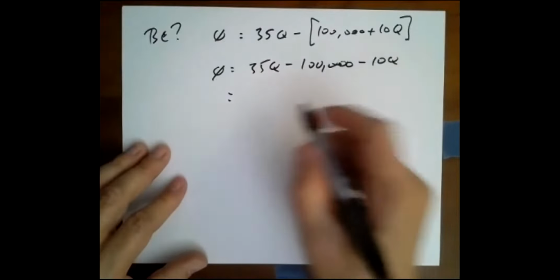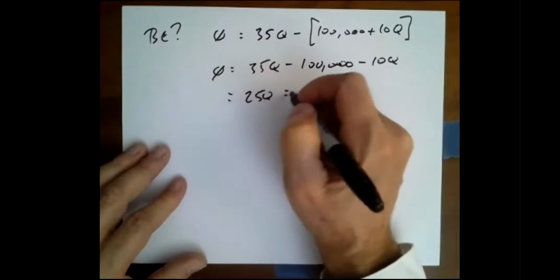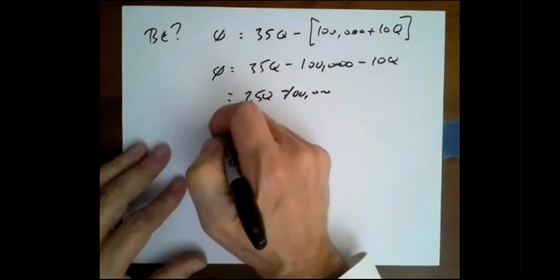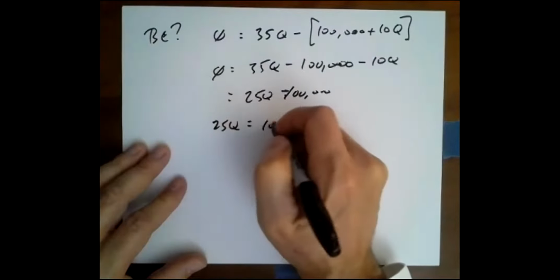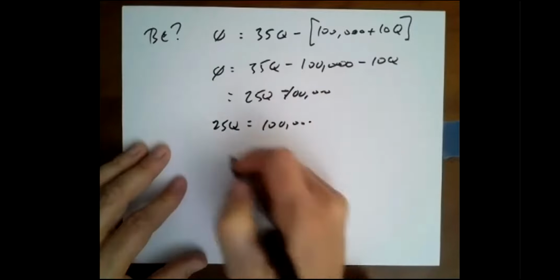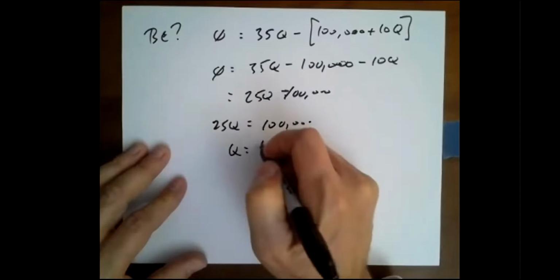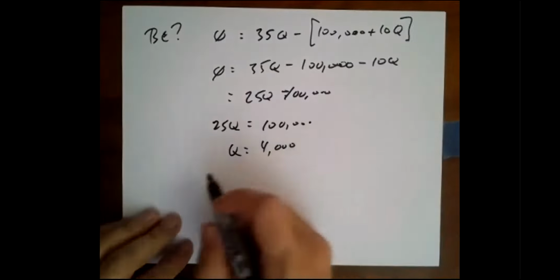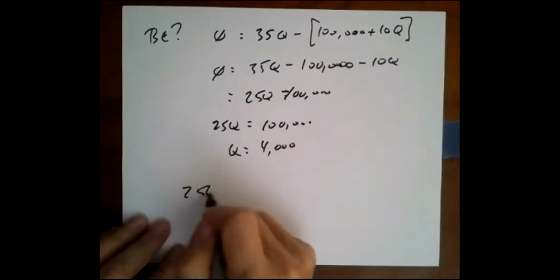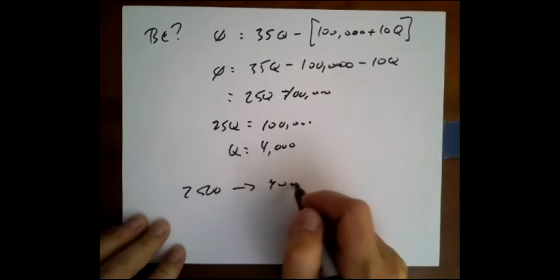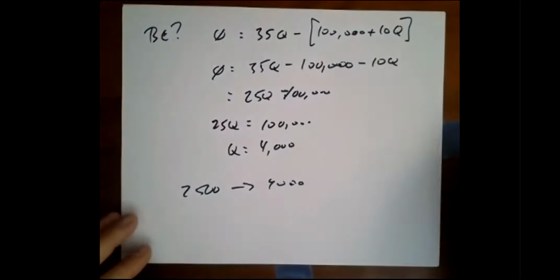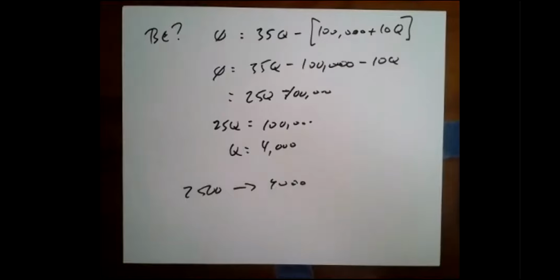So 35Q minus 10Q gives me 25Q, minus 100,000. 25Q equals 100,000. And we can see Q is now 4,000. 100,000 divided by 25 is going to be 4,000. So our break even went from 2,500 to 4,000 because our revenue per unit fell from 50 to 35.